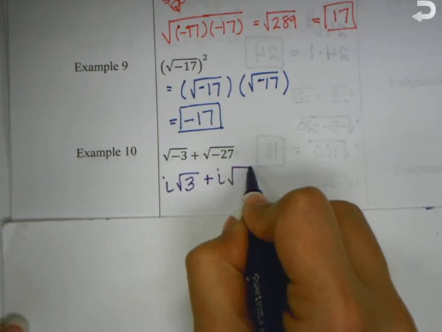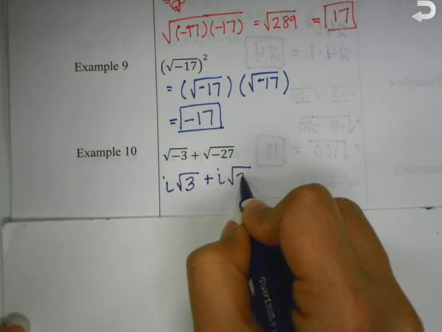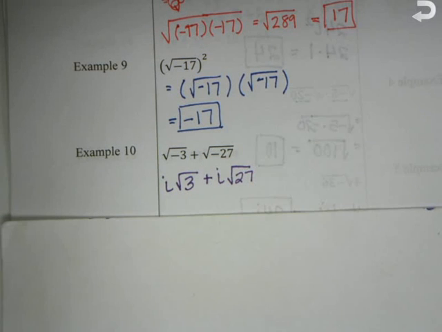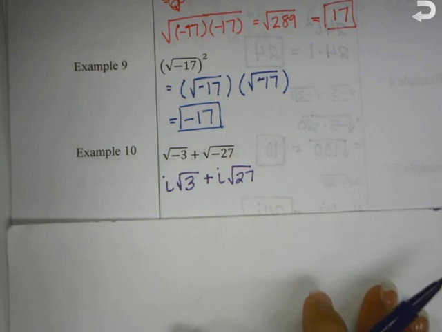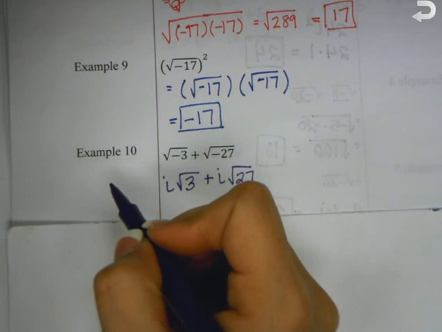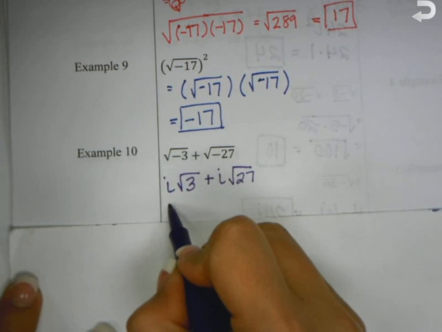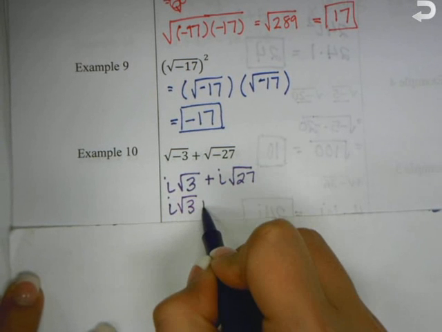Is 27 a perfect square? No. But isn't there a perfect square in there? Yeah, what is it? Well, not 3, it's 9, right? So that would give me i square root 3 plus 3i square root 3.